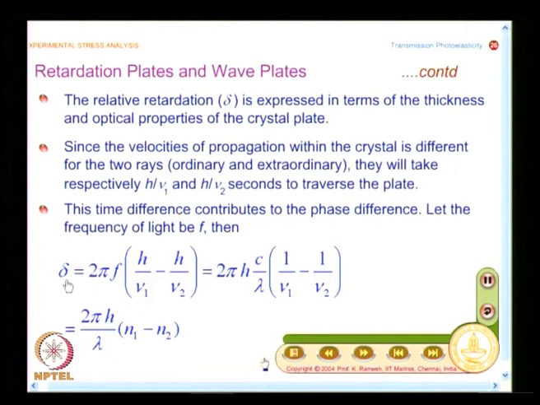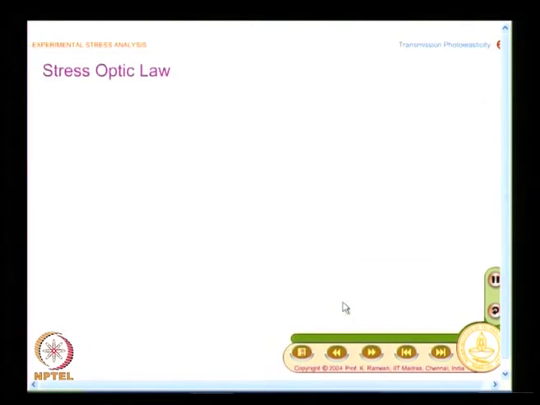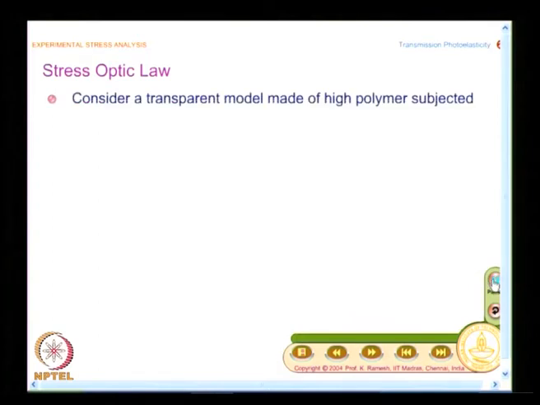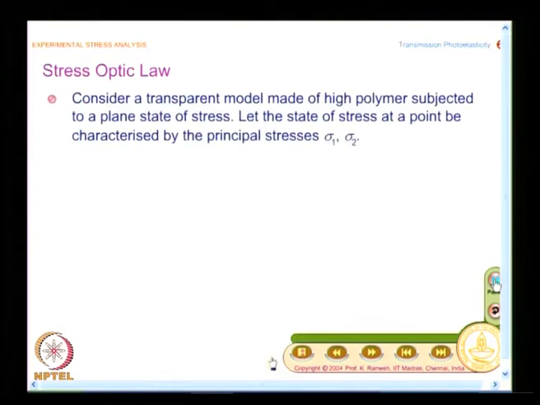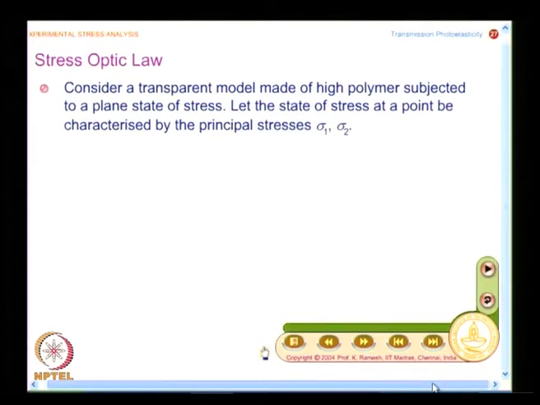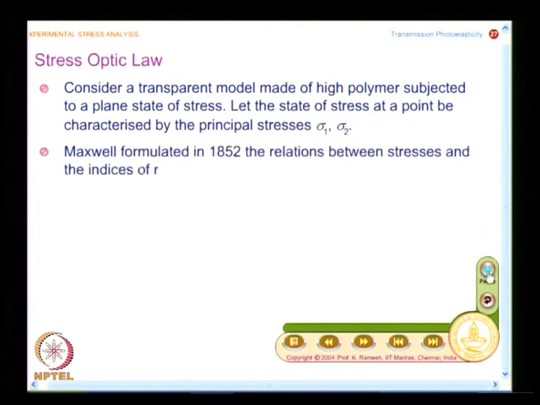Now, what we will do is, we will go back and see what great scientists have contributed, how this could be related to sigma 1 minus sigma 2, more by induction rather than clear mathematical development. We call this law relating stress and optics the stress-optic law.